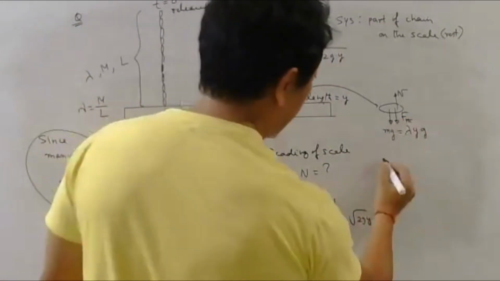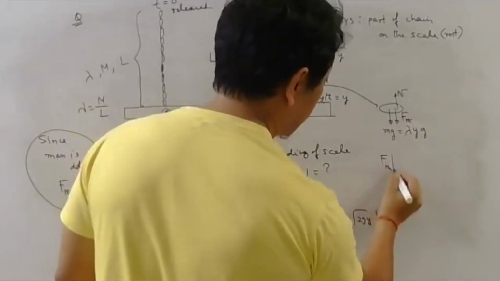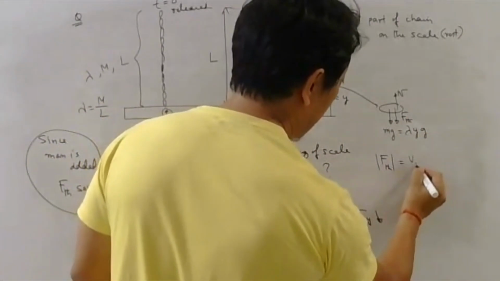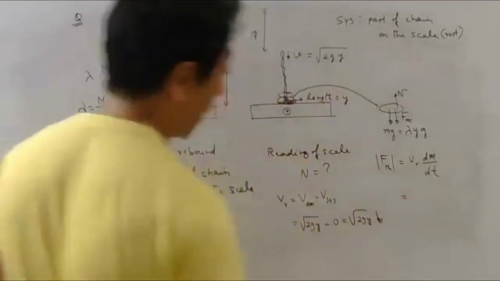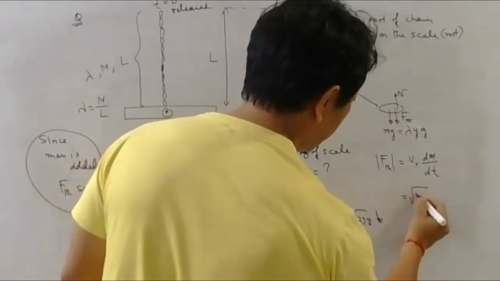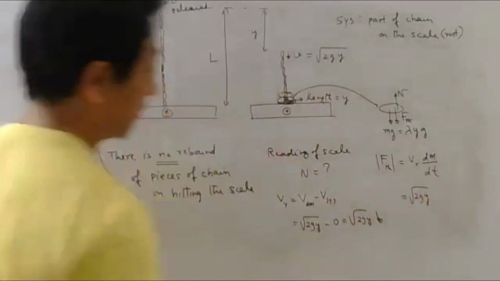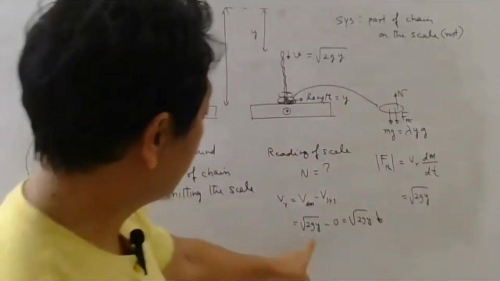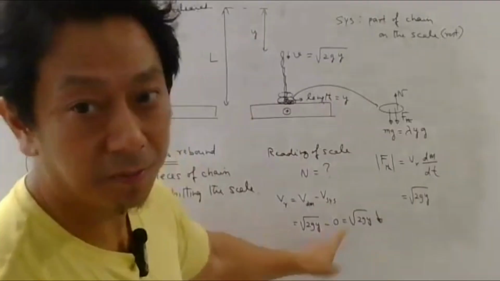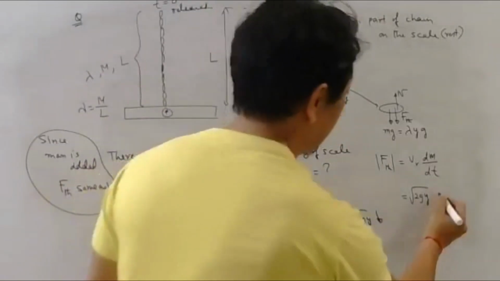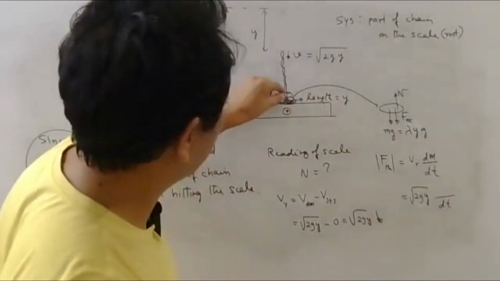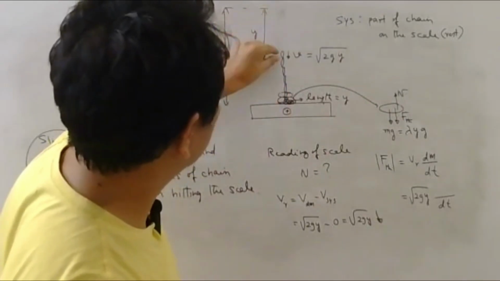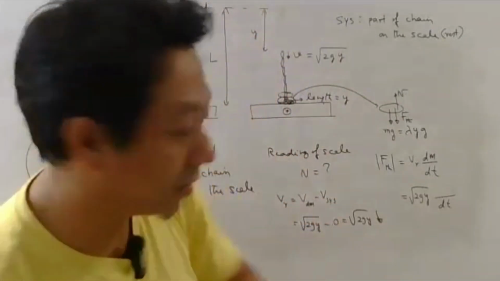Let us now calculate the magnitude of the thrust force. It is VR dm by dt. VR is root of 2gy. Actually, VR is root of 2gy minus velocity of system, but the system is at rest. How do we write dm? dm means the mass of the small part. If I call this y, what will I call this small part? dy.